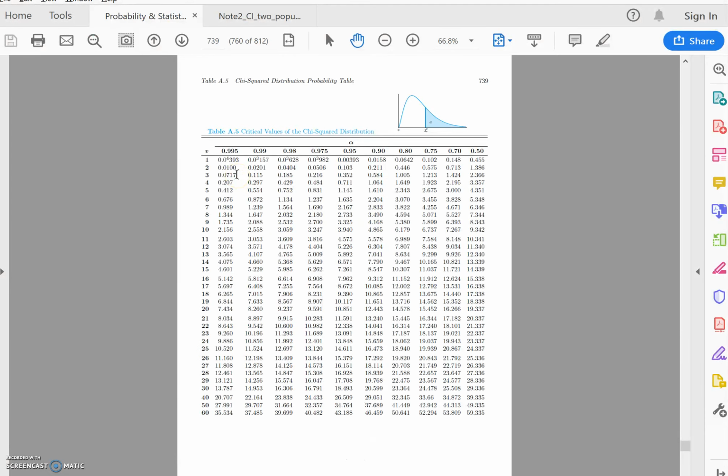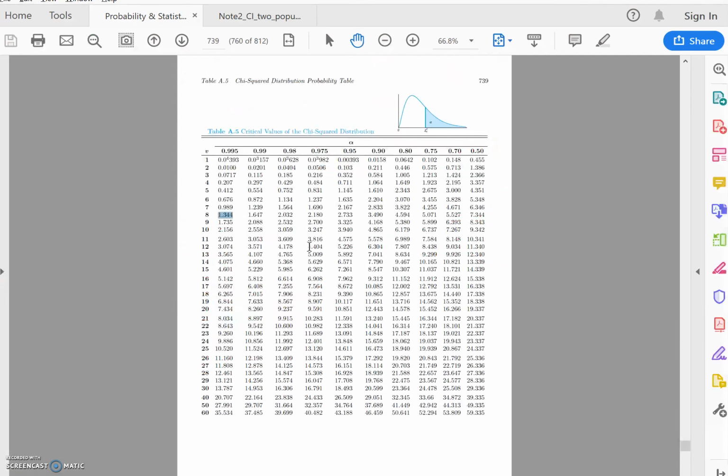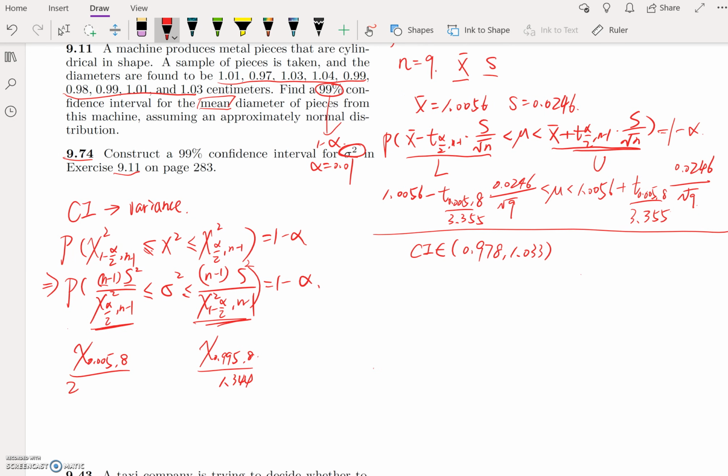For chi-square here, 0.995 for 8 is 1.344. So this is 1.344. And for this other one, this value for 8 is 21.955.